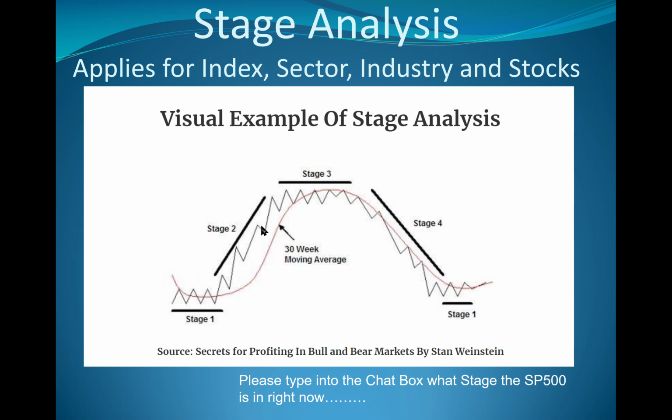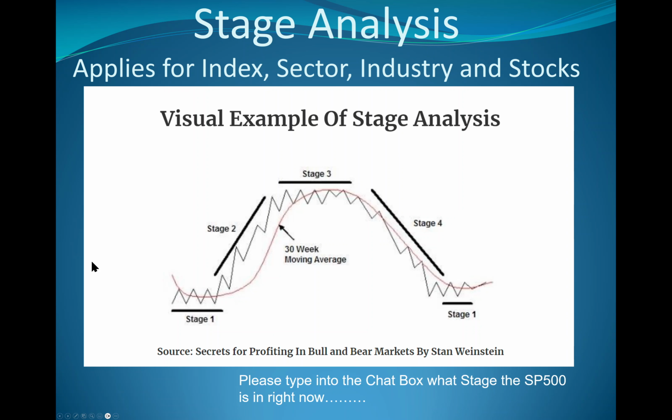I want to be buying in stage 2. I want to be out of the market or shorting in stage 4. A lot of the time we're just going sideways. And it's not horrible to be holding a stock in stage 1 or stage 3 if it pays a dividend. But why would you want to be in a stock that's going nowhere, and you don't know when it's going to change, that doesn't pay a dividend?